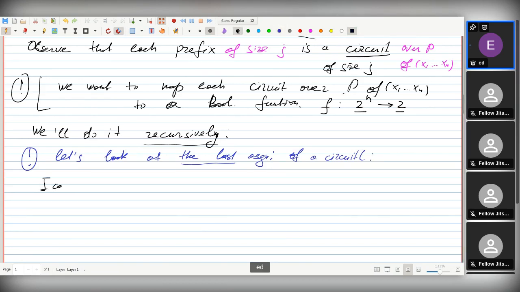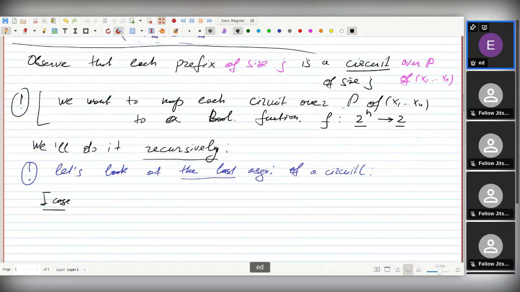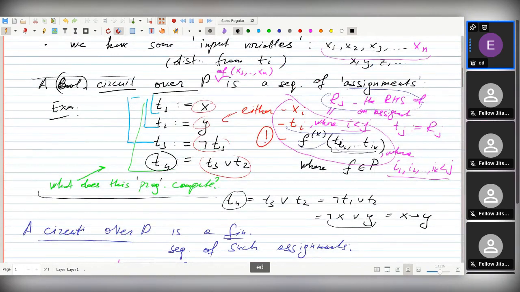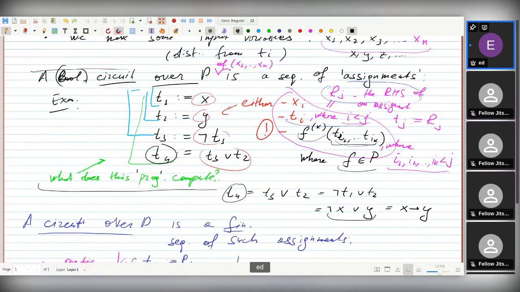What can it be? The first case: it is important what our right-hand side is. And the right-hand side is either some input variable or a temporary variable defined earlier, or an application of some basic function to a tuple of early defined temporary variables.